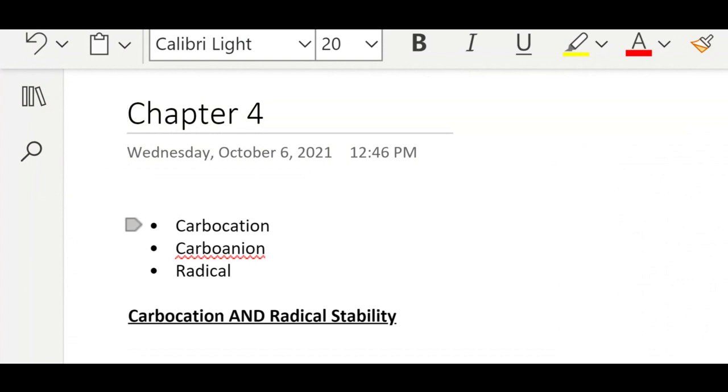Cation is obviously the positive charge, and anion is the negative charge. And carbo, take a guess, it's going to stand for carbon. So that means I have a positive charge on a carbon or a negative charge on a carbon. Now radical is maybe a term that you haven't heard before.